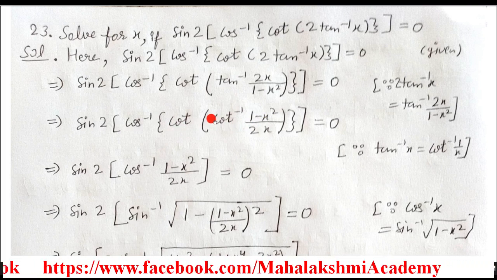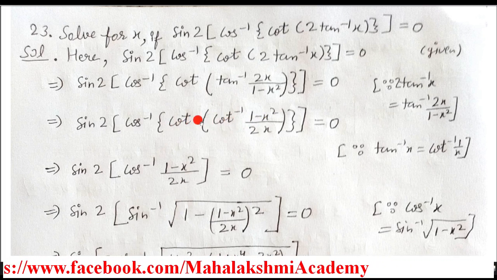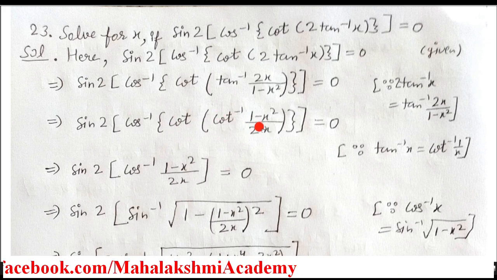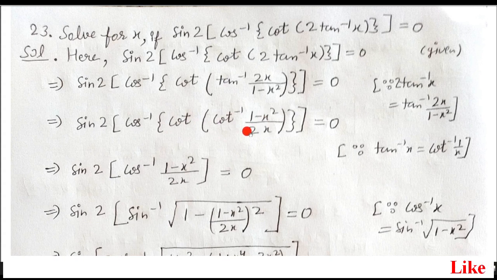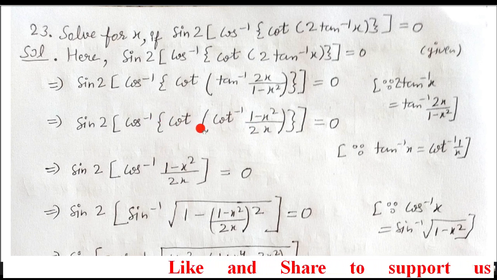Now cot and cot inverse will remove each other, so we remain with only this. In the next step, sin 2 and cos inverse write down as they are, but cot and cot inverse are removed. What remains is only 1 minus x square upon 2x, so write this here as it is. Then this big bracket, this curly bracket and the small bracket will be removed.